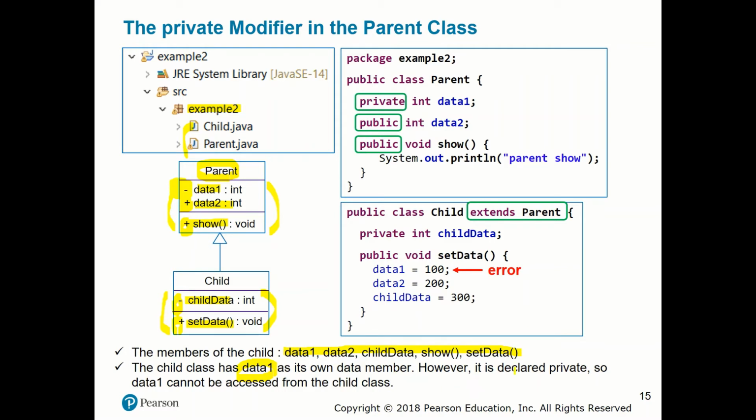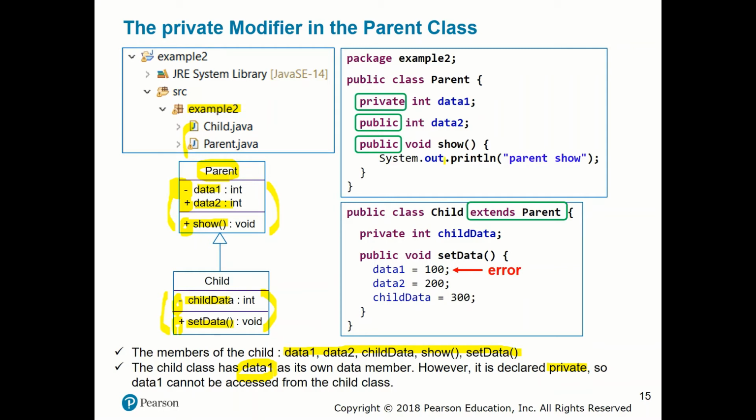However, since it is declared private, data1 cannot be accessed from the Child class. Can you understand this one? The Child class has data1, but the Child class cannot access data1 directly.